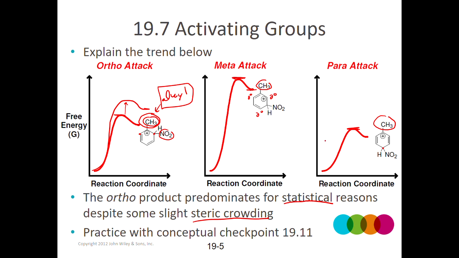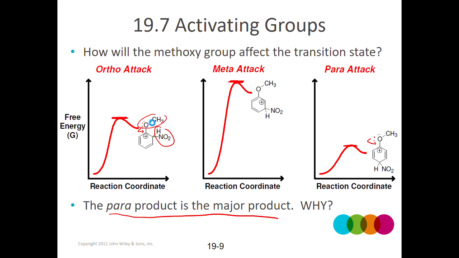So there's not a very big difference in energy when I have a methyl group there in terms of the sterics versus a methoxy. And methoxy is a little bit bigger, it swings around more like a propeller, and it's going to create more sterics there. So that's why there's a bigger difference between these two, and that's why the para pathway is the favorite pathway really for any alkoxy group.